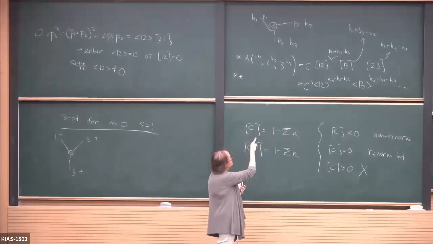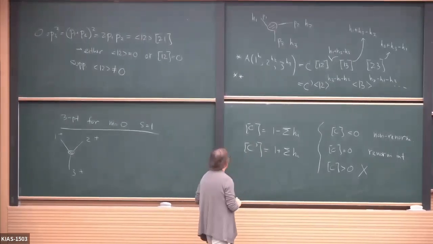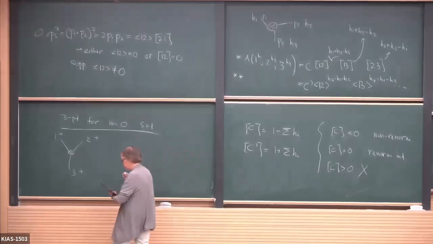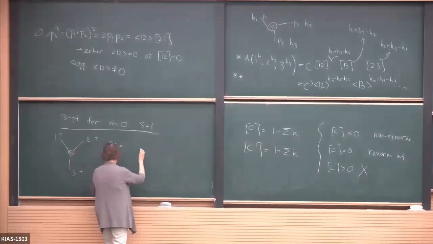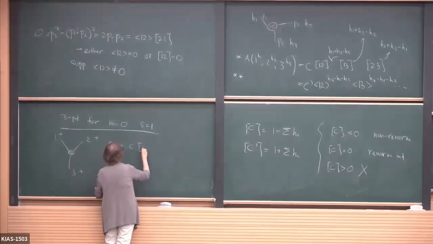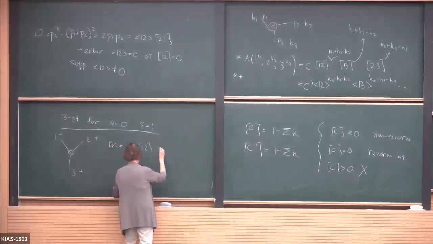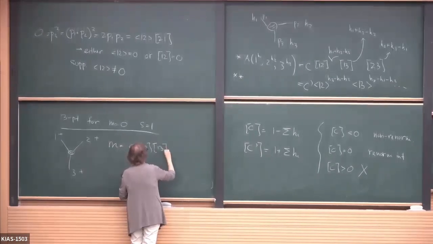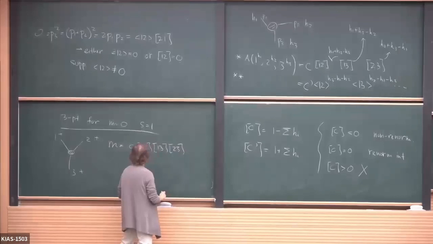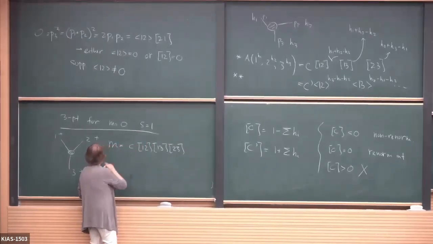And so you see that it's the square and not the angle, because then these guys appear with positive powers. So in this case, M equals some c times [1 2][2 3][1 3], and I can have some constant appearing here.